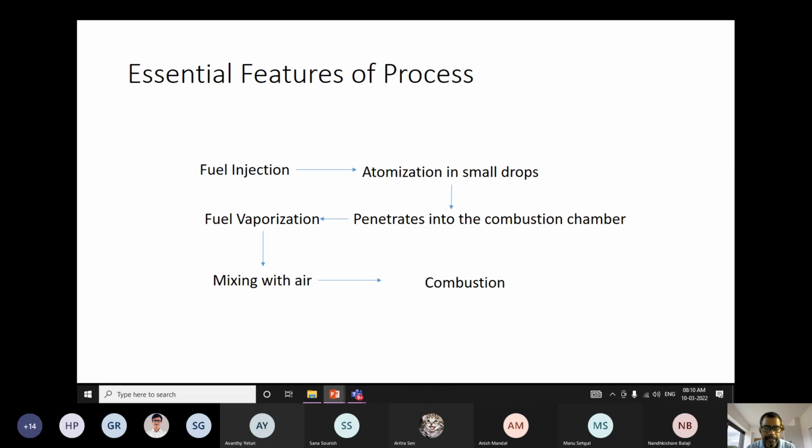Once the thermodynamic conditions of that part of the combustion chamber are conducive, meaning it has a suitable temperature and the air-fuel mixture is within the combustible range, combustion starts. That is the process the fuel has to go through before combustion starts: atomization, penetration, fuel vaporization, mixing with air, and then combustion.